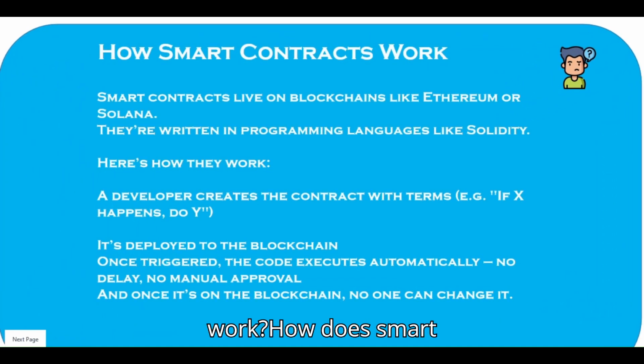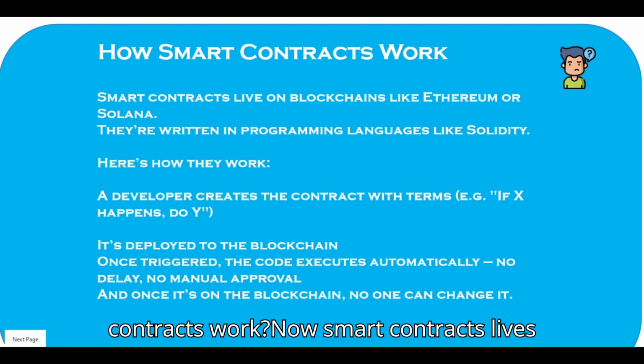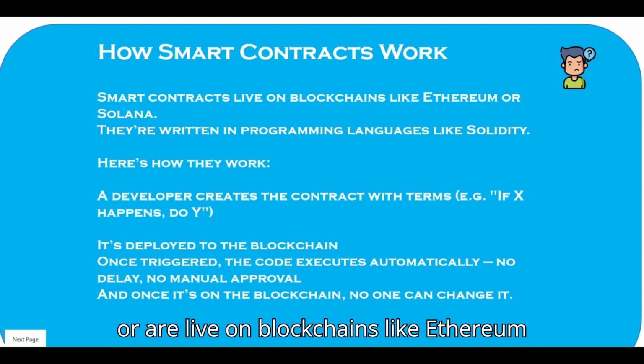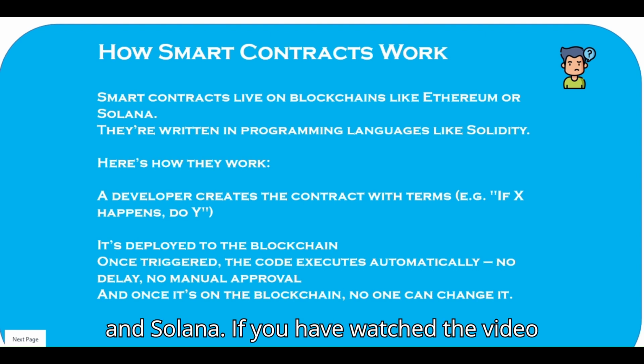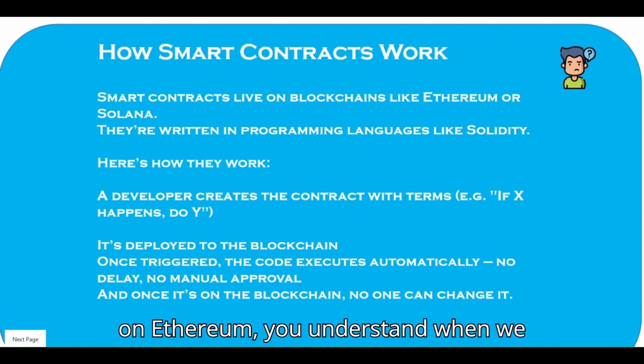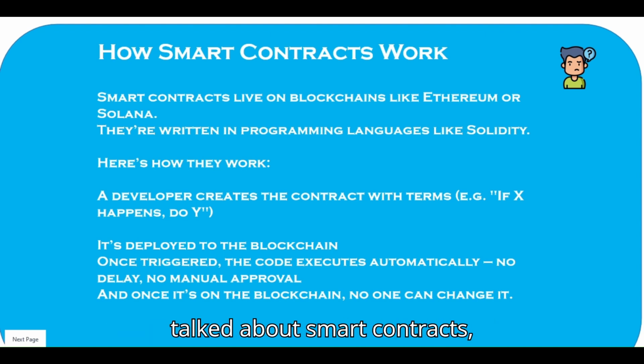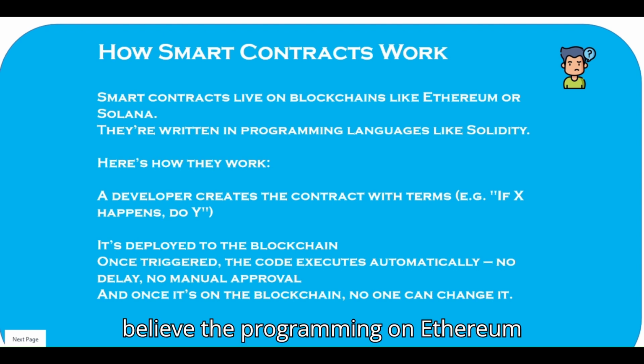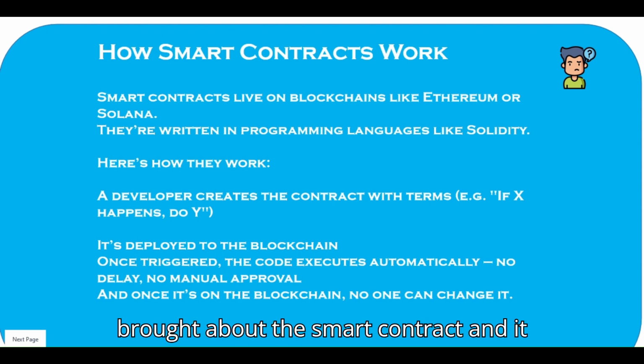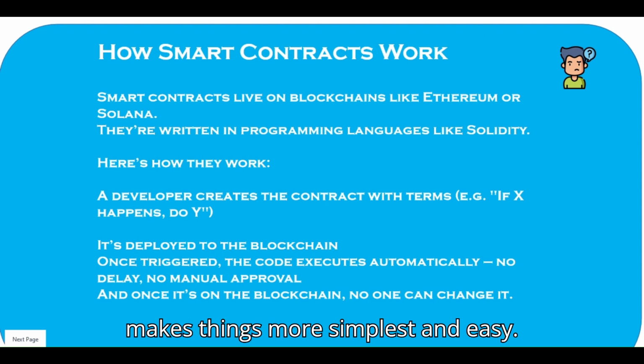So how do smart contracts work? Smart contracts live on blockchains like Ethereum and Solana. If you've watched the video on Ethereum, you'll understand when we talk about smart contracts. I believe the programming on Ethereum brought about the smart contract, and it made things more seamless and easy.